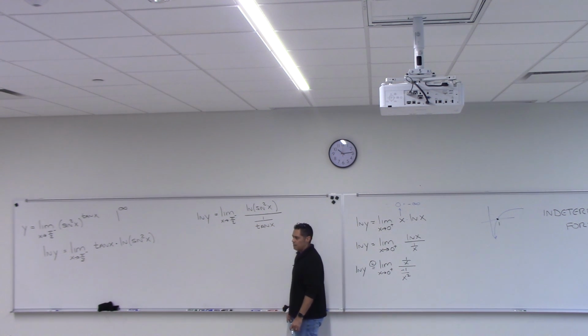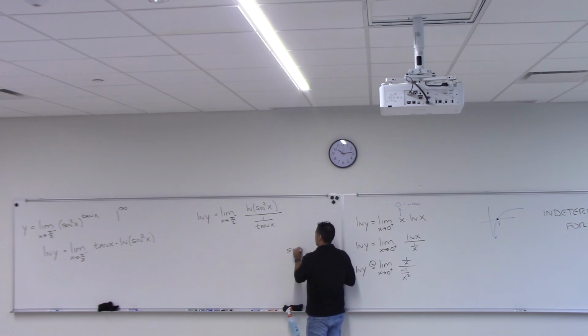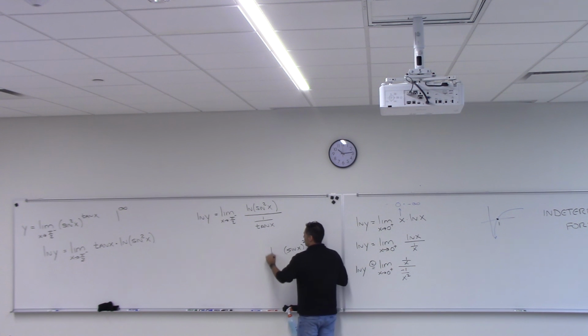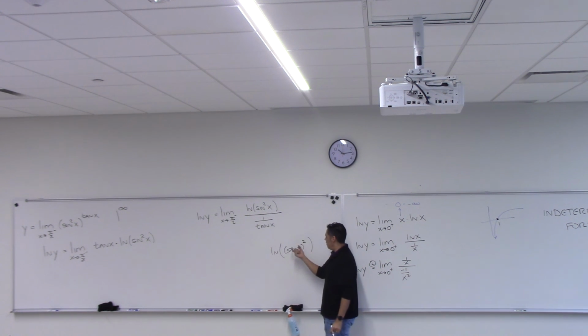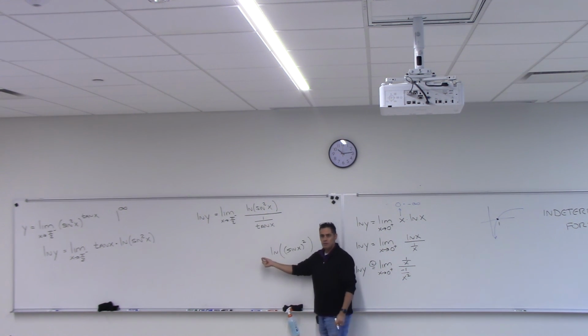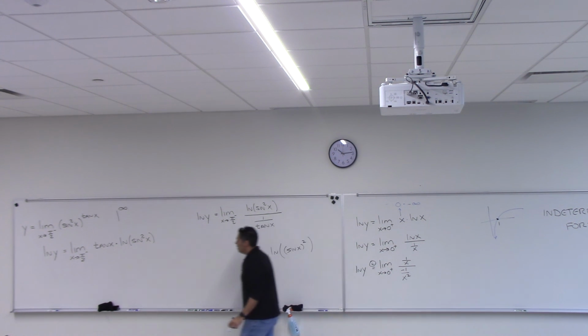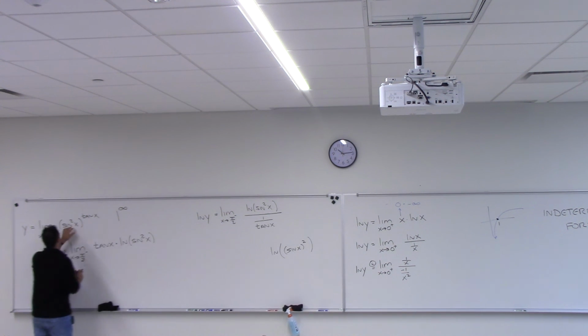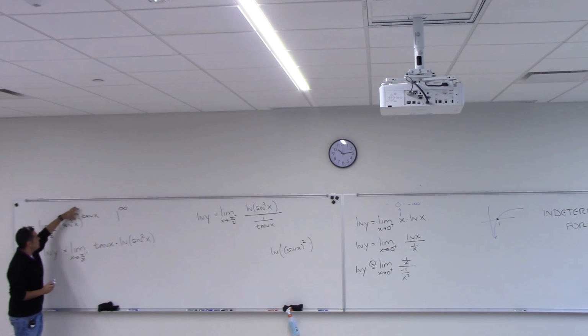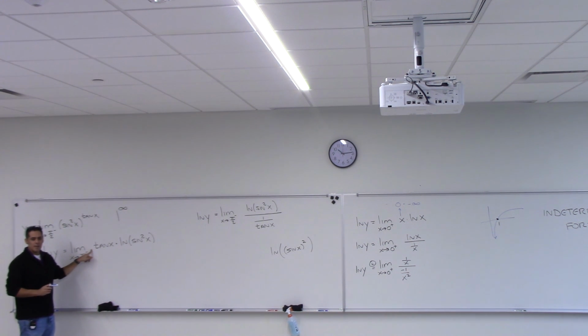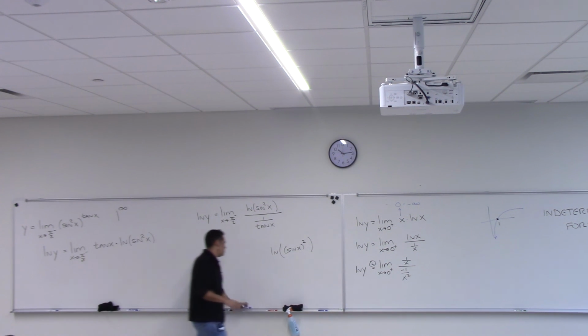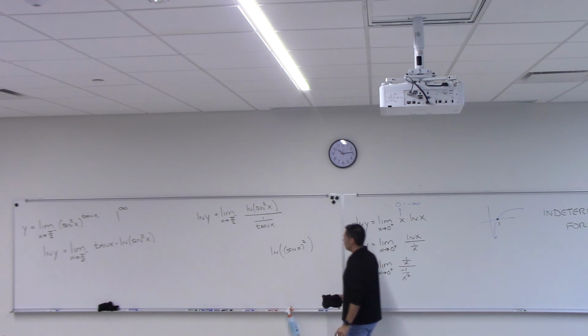We can, because that's really sine x squared sitting inside of the natural log, and when I have something to a power, the power can come out. Another way I could have seen that is that this is sine x squared to the tangent. I could have multiplied the 2 and the tangent together and pulled out a 2 tan x instead. I'm not going to do it, though, because we didn't do that initially. So let's just stick with it this way, but I'm starting to wonder if maybe that was a better approach.